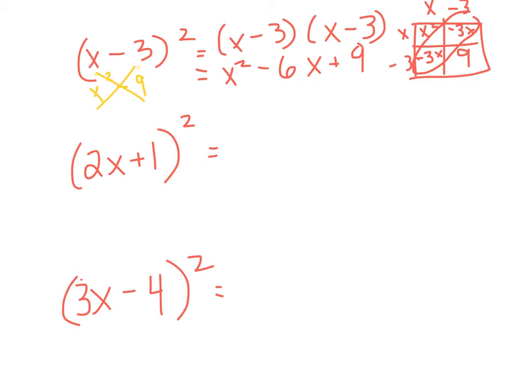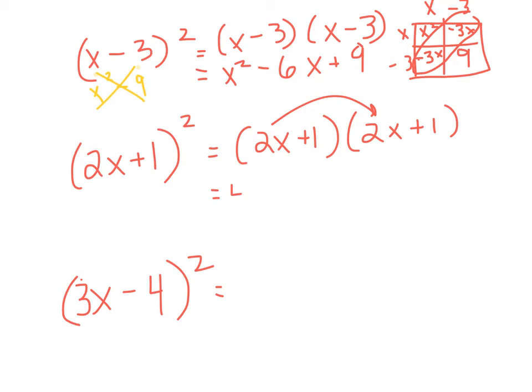But as we do this more and more in this unit, and the fact that we're mathematicians and we're always looking to find a pattern to work smarter, not harder, let's see if we can do this without even using the box method. So if we have 2x plus 1 times 2x plus 1, well, I know 2x is going to multiply by itself.